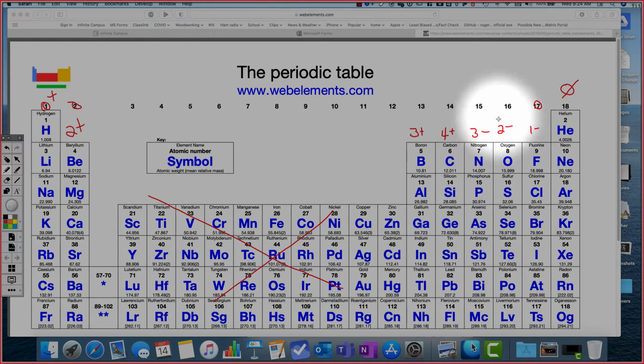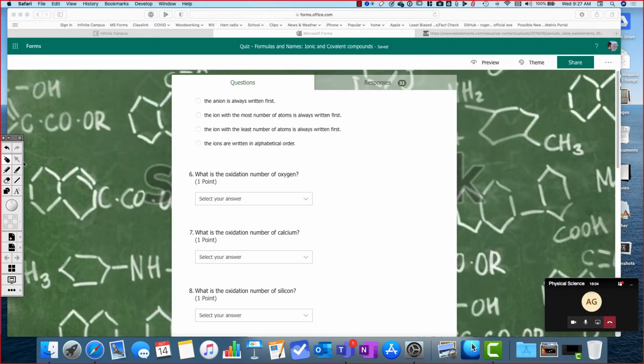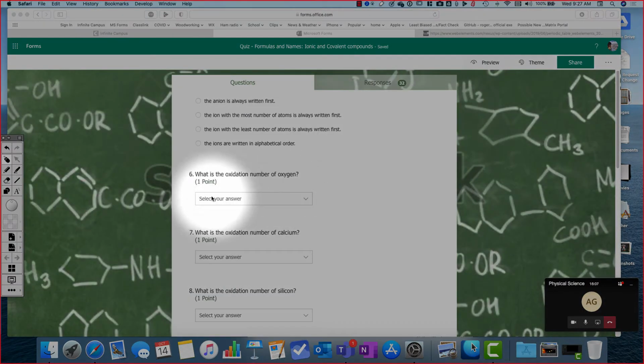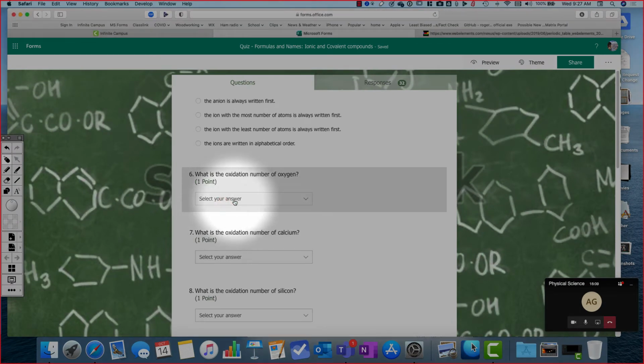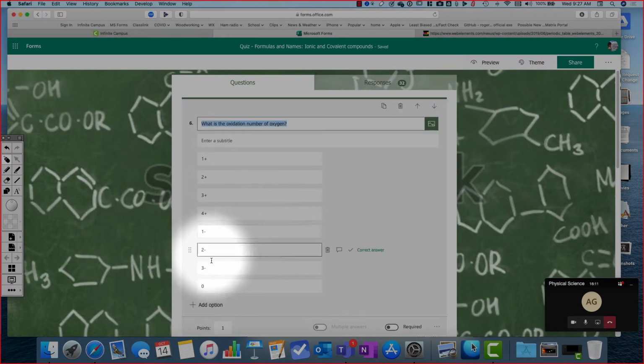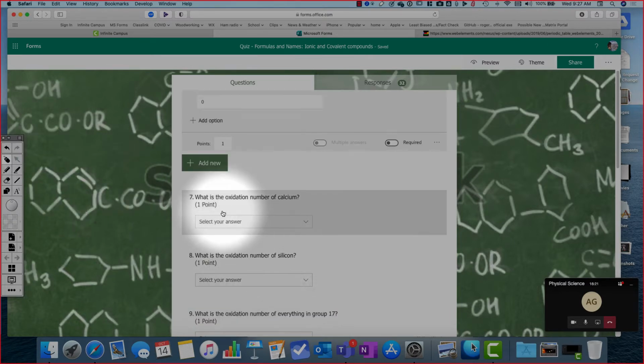It's in group 16. The oxidation number is -2. So the oxidation number for oxygen is -2, or technically it's 2 minus. I'm not as picky on that with physical science, but I am in chemistry, whether you put the positive in front or the back. Okay, next question, what is the oxidation number of calcium?